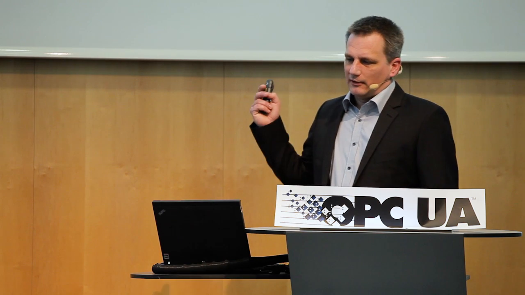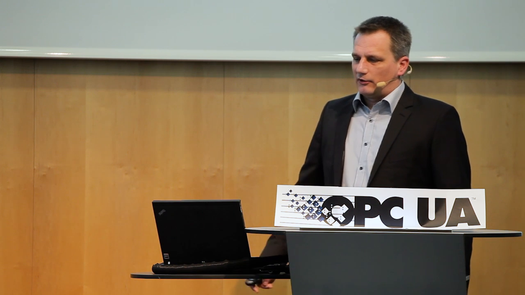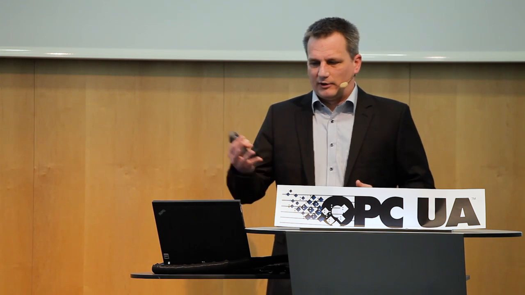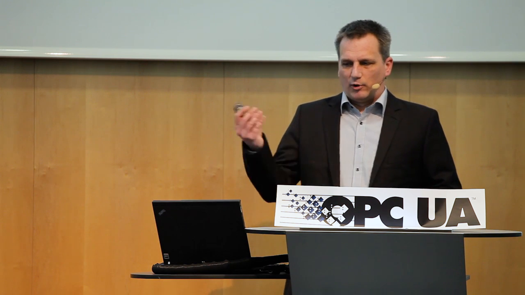On the right side, you can see the other concept where the data frame is already set. It's a data set that's already configured. It consists of different nodes from the address space. And this information is then broadcasted out to the network.